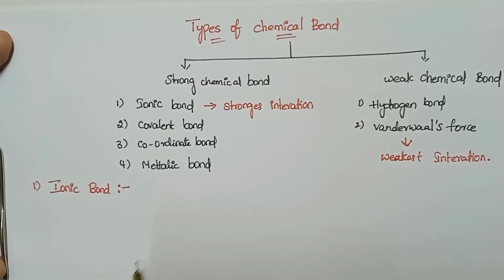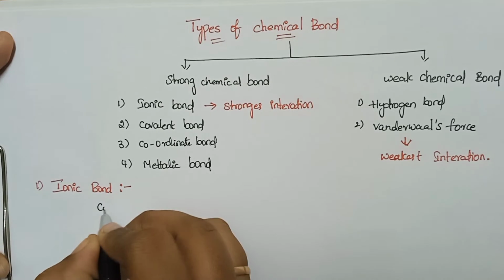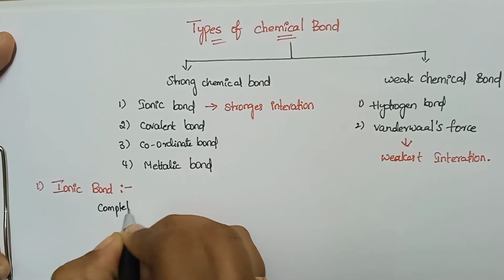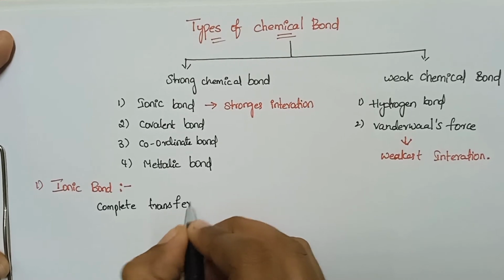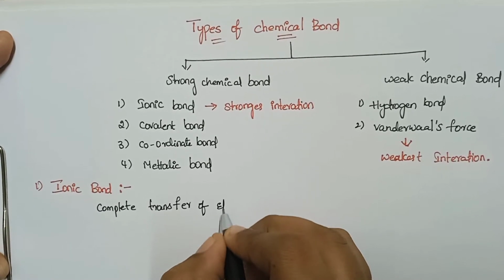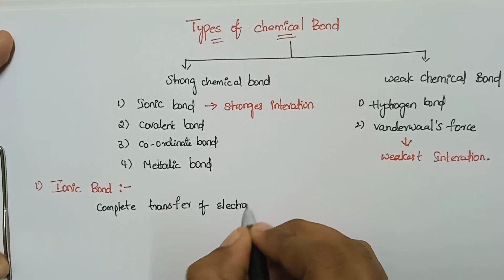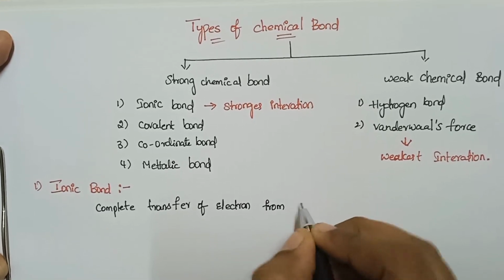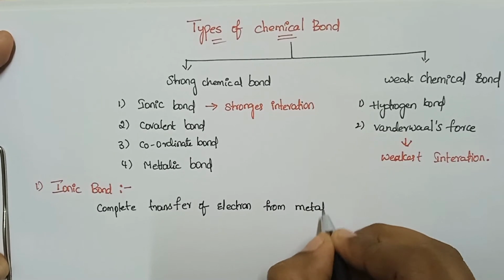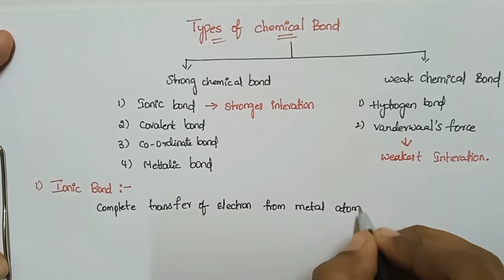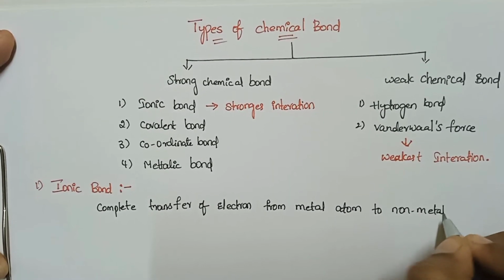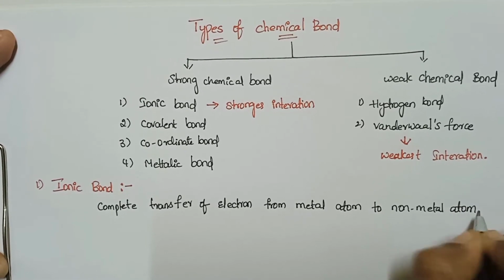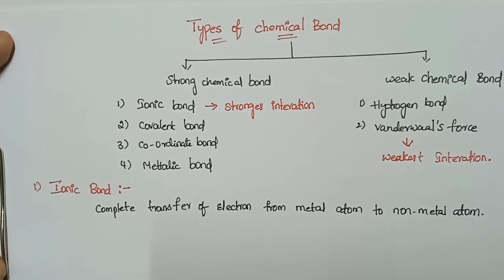Okay, chemical bond which is formed by complete transfer of electron from metal atom to non-metal atom is known as ionic bond.